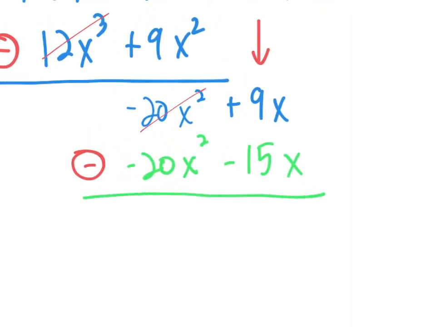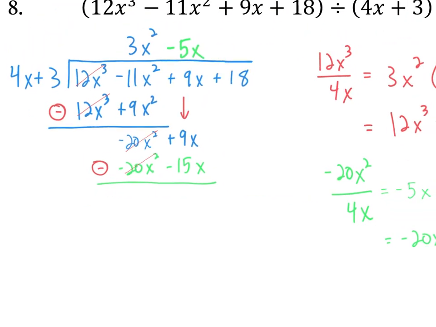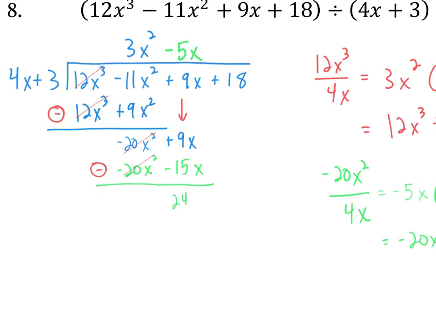These cancel out since you're subtracting the same thing. This you got to be careful of again. So 9 minus a negative 15. Minus a negative is plus. So 9 plus 15 is 24, and then the x stays with it.